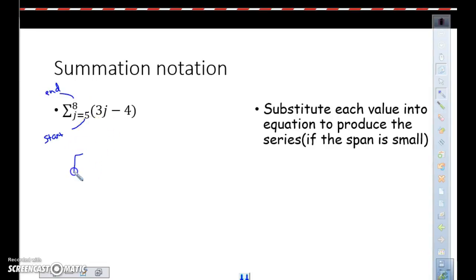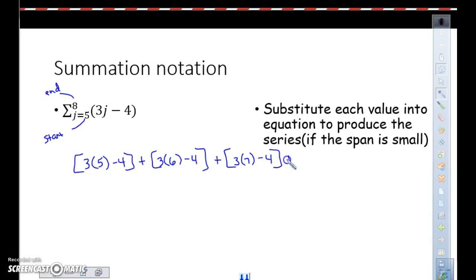So we're going to do 3 times 5 minus 4, plus, now we're going to put in 6, and we're going to put in 7, and we're going to keep going until we get to 8. And then we just evaluate all that.